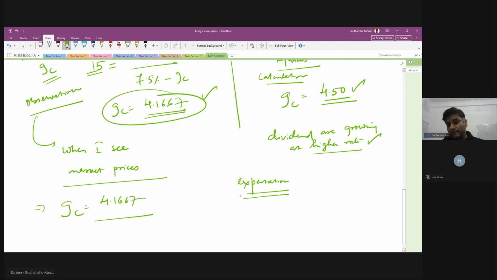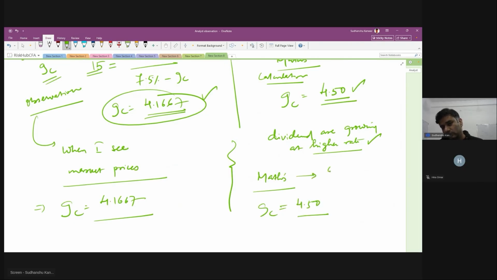When I calculate by maths, maths tells me that GC is equal to 4.50. So since math says so, I tell you, we believe in maths. Whatever we are seeing in market prices, that is not true. Maths tells us the right picture. We will believe in maths, right?